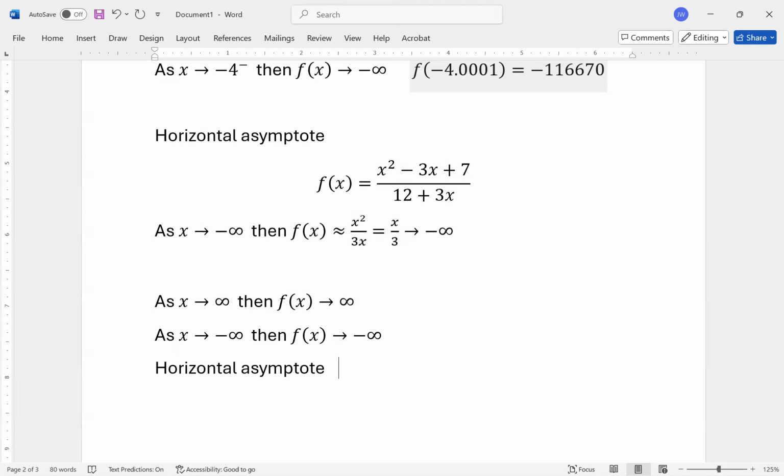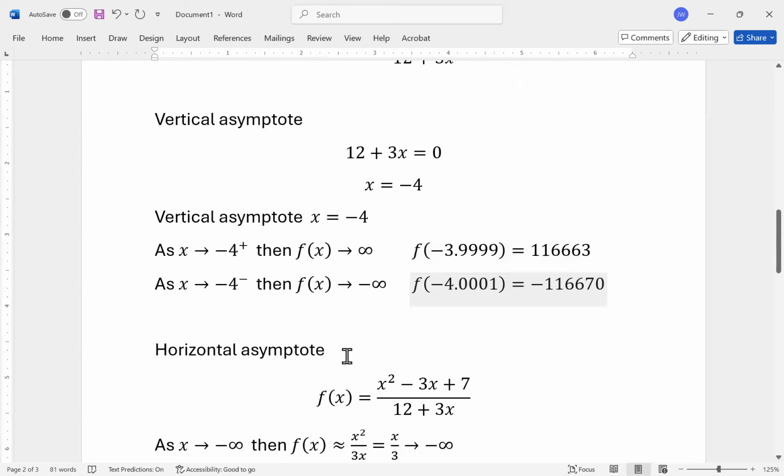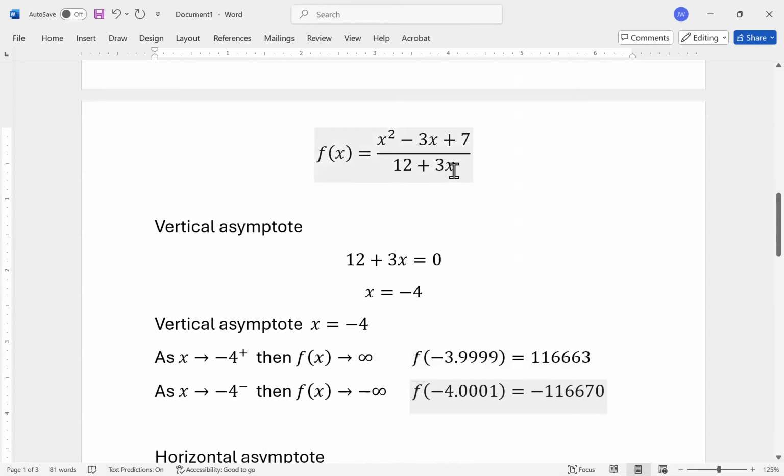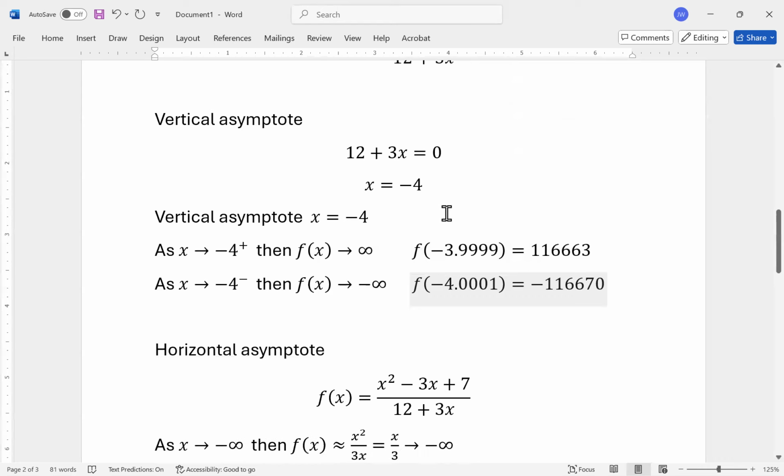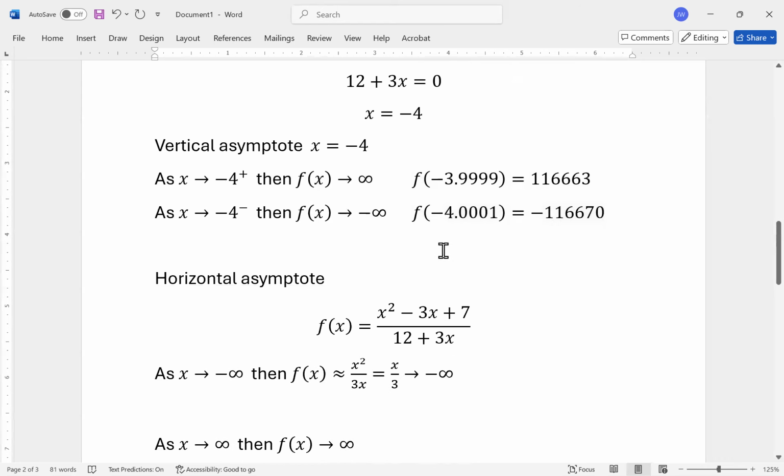That means since neither side gives us a function value approaching a real number, we have no horizontal asymptote. So we have one vertical asymptote in this case and no horizontal asymptote. Both sides are going to shoot off towards either infinity or negative infinity.